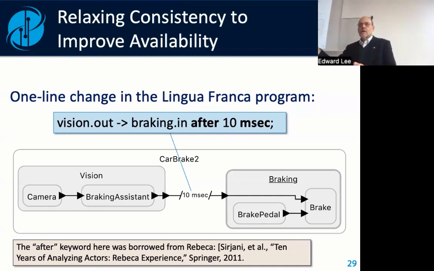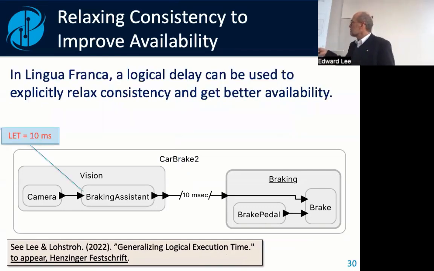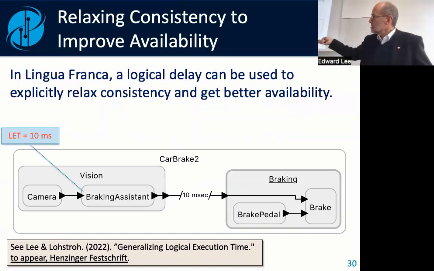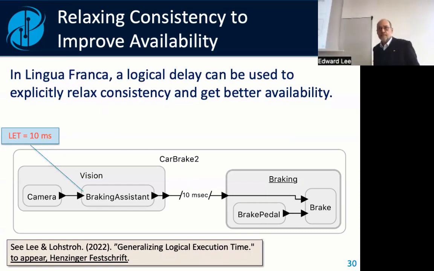Okay? Why would you do that? Well, you do that because you gain availability. And in fact, you can show that this relates very nicely to the notion of logical execution time. If the total time that it takes for the vision system to do its work and the network to do its work is less than 10 milliseconds, then your availability here becomes perfect. You can respond instantaneously to the brake pedal without compromising that consistency requirement.